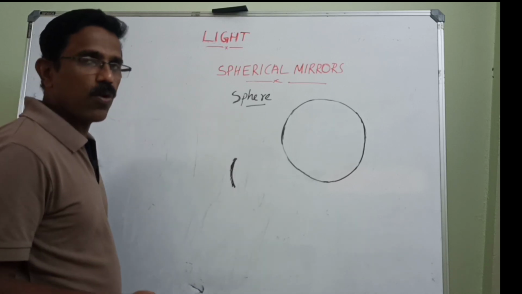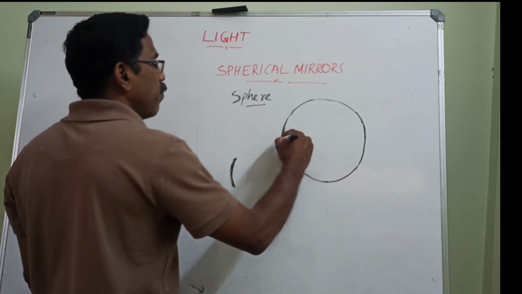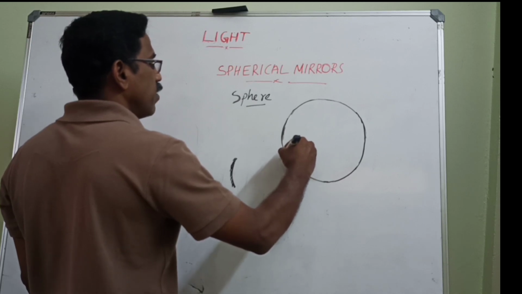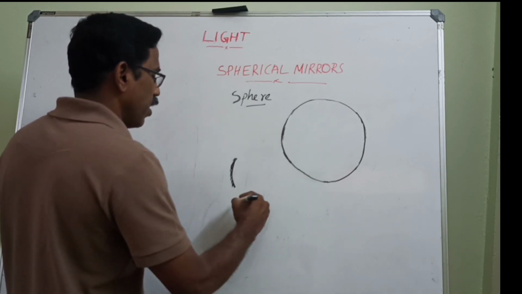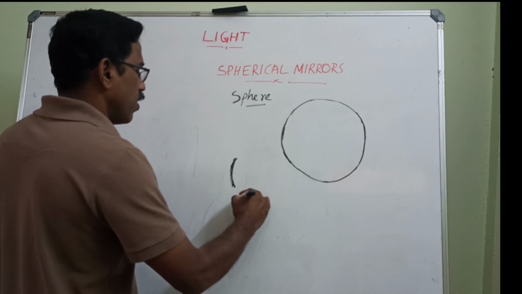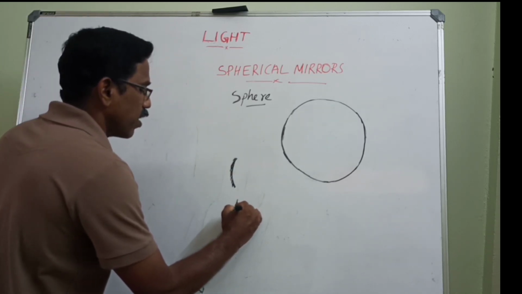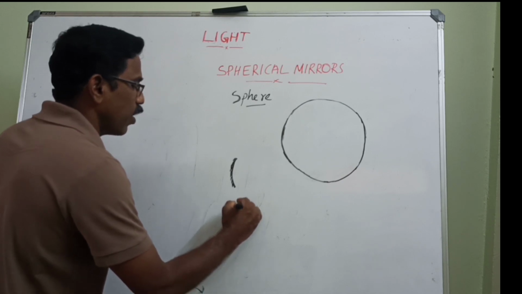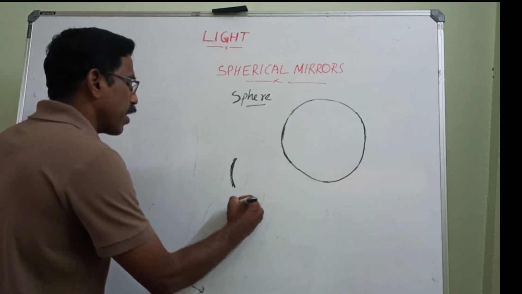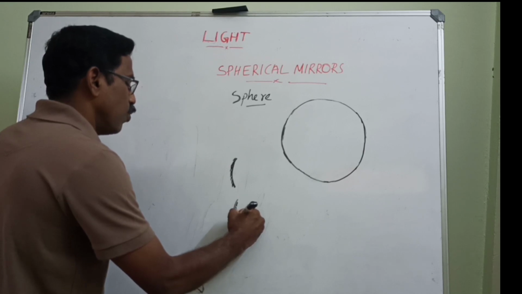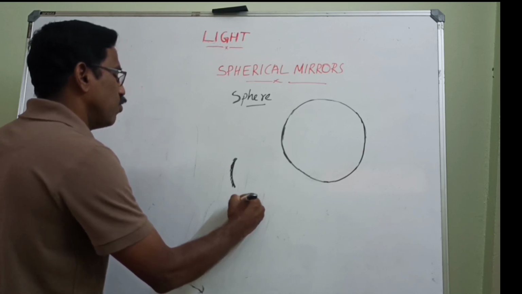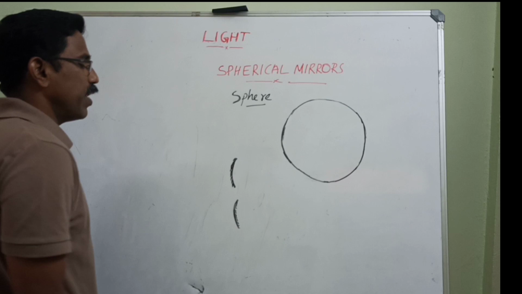Another manner also you can do. You can take another piece from here, and you silver not the outer side but the inner side. Applying the silver coating on the inner side, you will get a mirror piece like this. So there are two types of spherical mirrors.